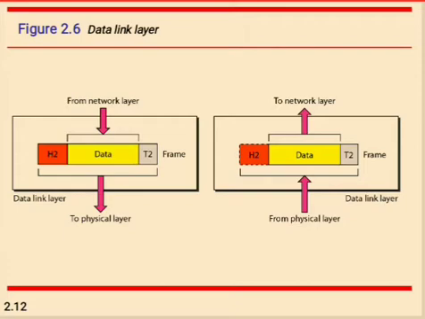When packets arrive in the network, it is the responsibility of the DLL, the data link layer, to transmit them to the host using the MAC address. MAC means media access control.